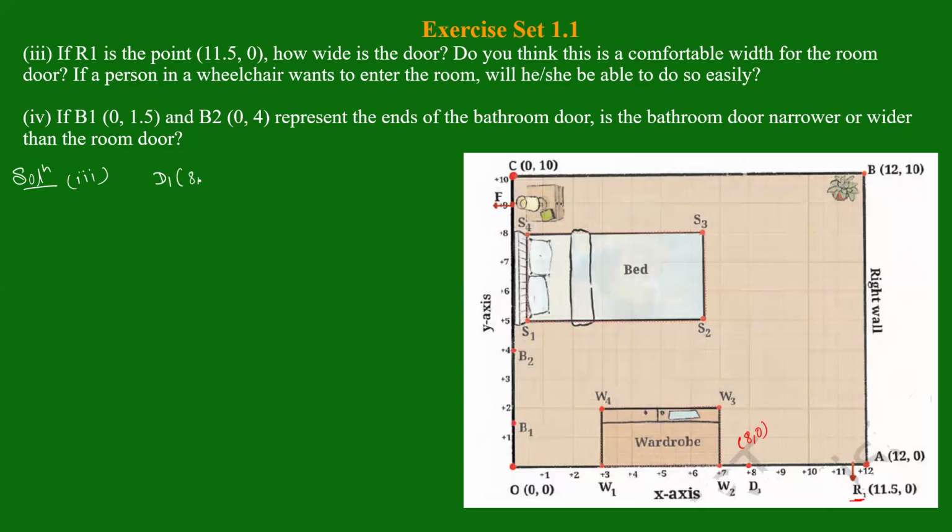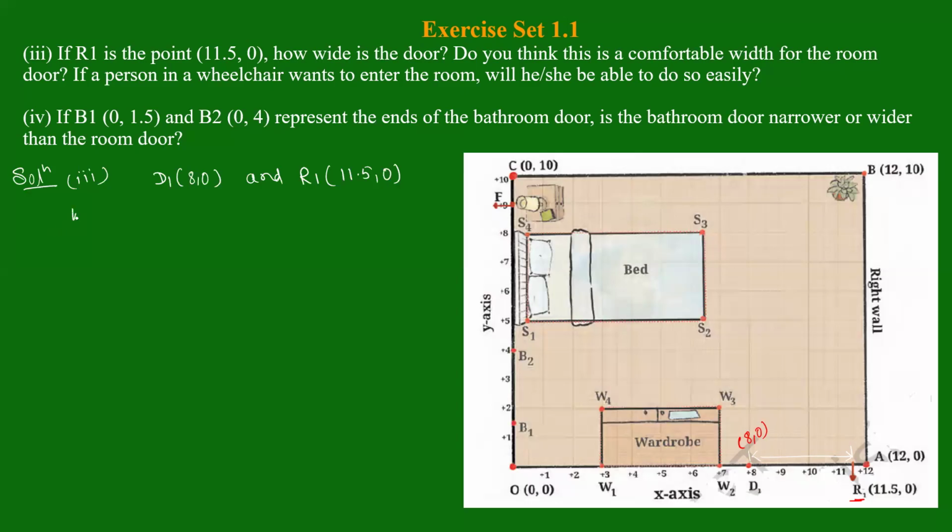The D1 coordinate is (8, 0), and the R1 coordinate is (11.5, 0). So this point is lying on the x-axis only. Both have y equal to 0. So the difference between x is only the width of the door.